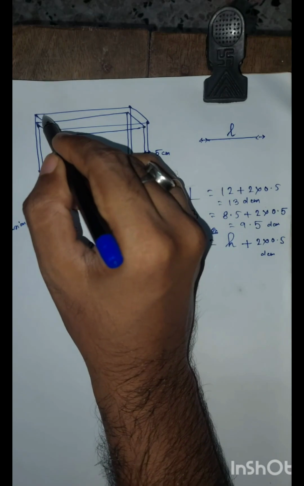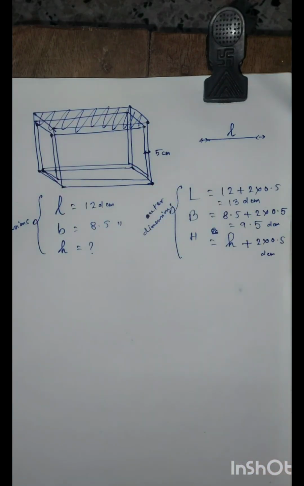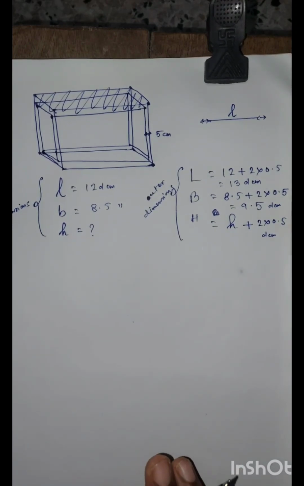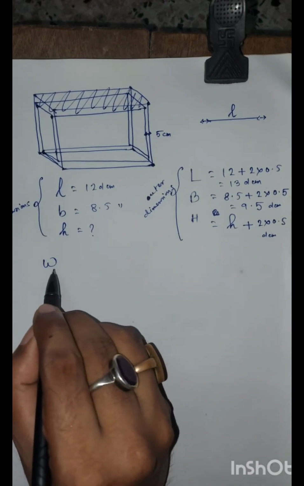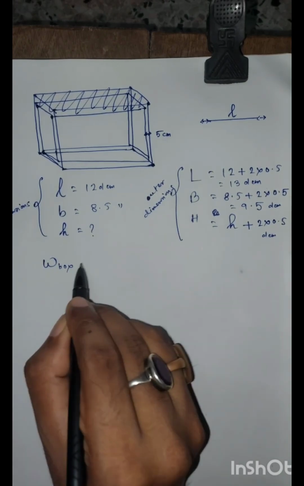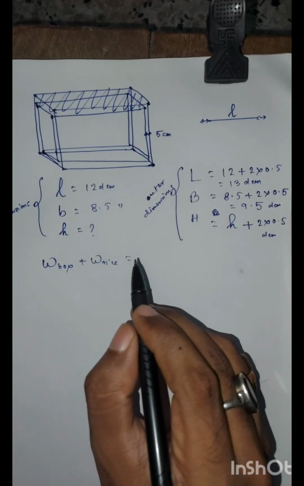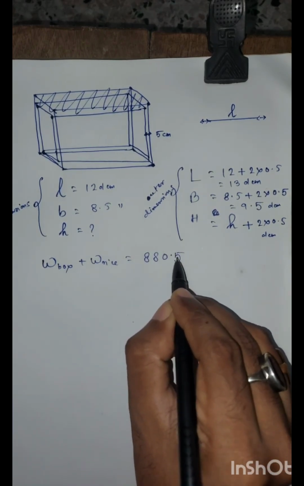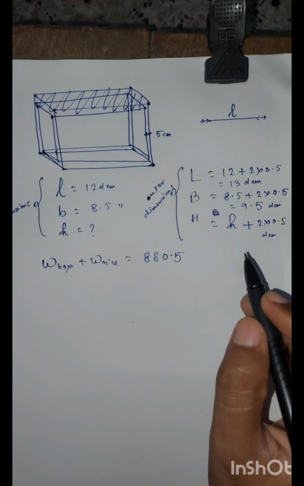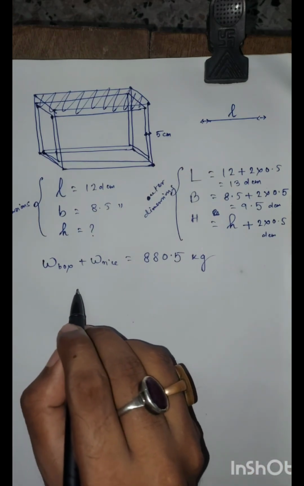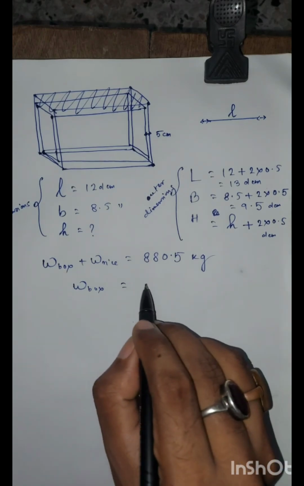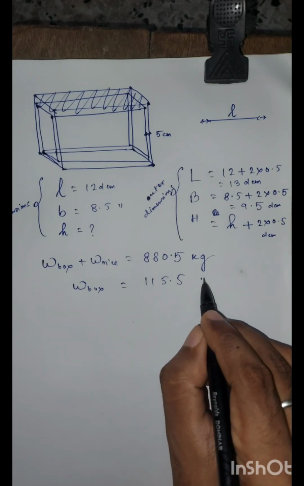The box also has a lid, that means covering. Now the question says weight of box plus weight of rice is equal to 880.5 kg, and weight of only the box is equal to 115.5 kg.